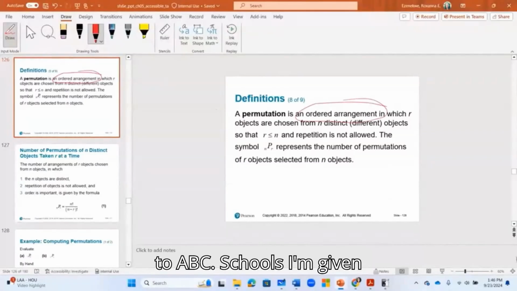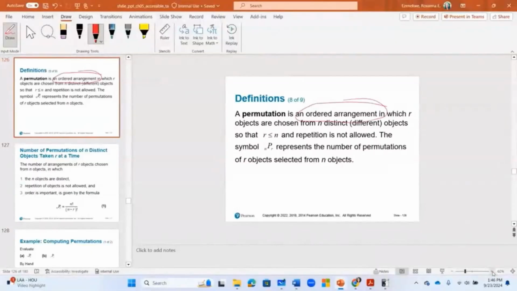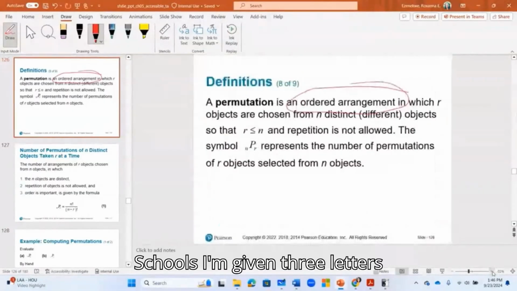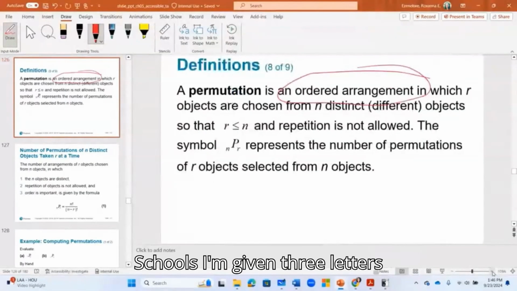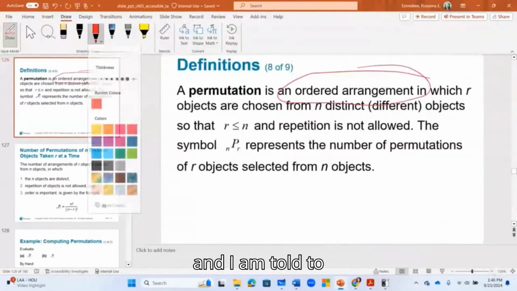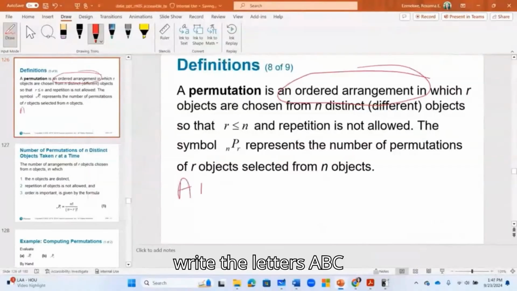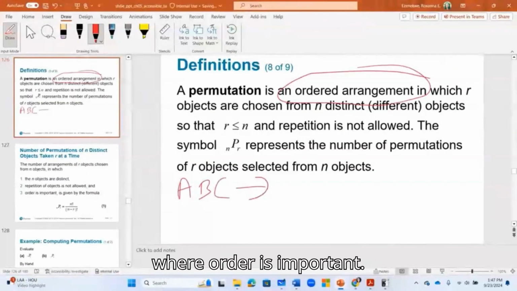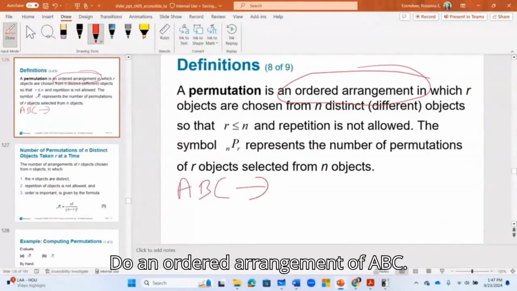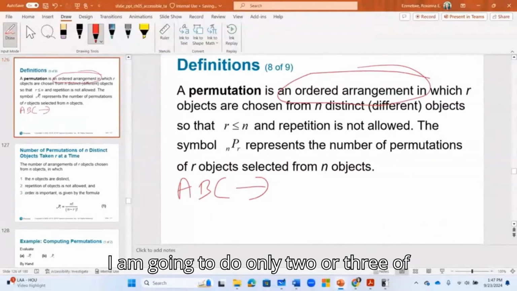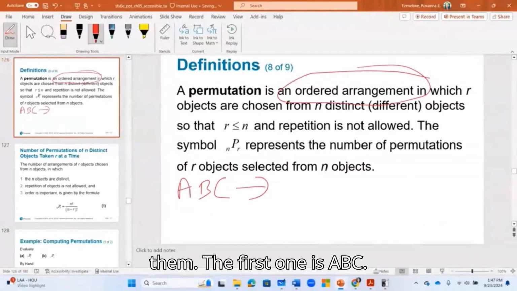So let's actually start talking about those ABC again. Suppose I'm given 3 letters and I am told to write the letters ABC, where order is important. Do an ordered arrangement of ABC. I am going to do only 2 or 3 of them. The first one is ABC.